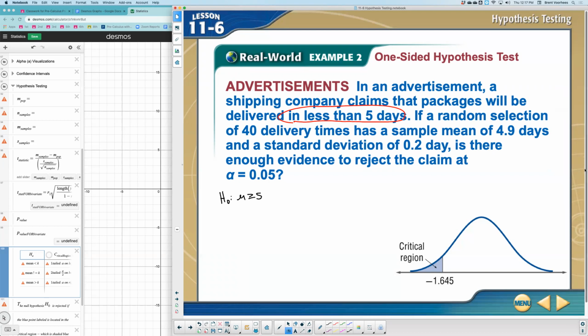The alternative hypothesis, which happens to be the claim, is that the mean is less than 5 days. With that being the claim, now let's put in our data. That's step 1.